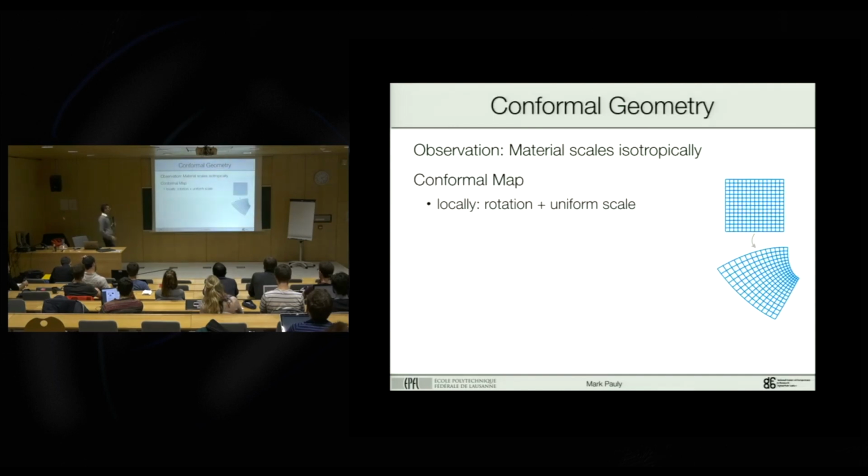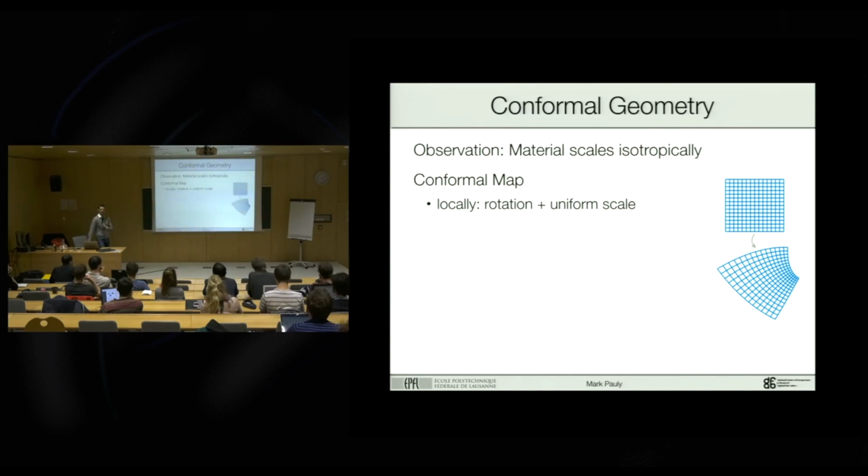I'm not going to go into too much detail, but I want to mention that there is a large class of differential geometry that deals with so-called conformal deformations. Conformal deformations illustrated here are the ones where if you deform the object, it only scales uniformly, locally, or rotates. So each of those little squares has scaled up or down in size uniformly and has been rotated.